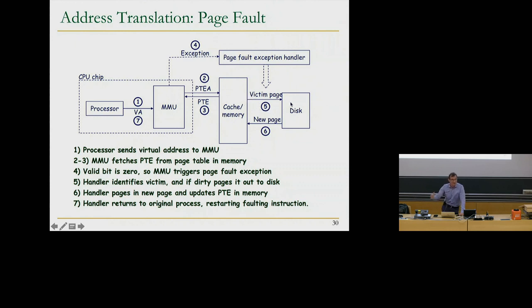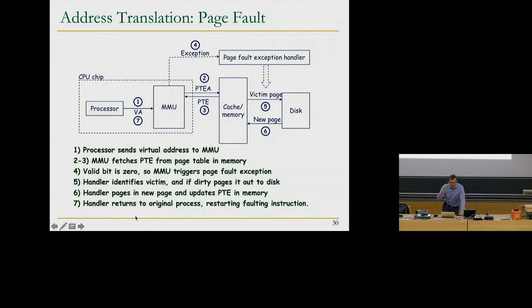You need to write that page to the disk, first of all, and also bring the new page that you're trying to access from the disk into the physical memory. So the handler pages in; this is called paging in the new page. And you need to update the page table entry clearly, because now you're bringing a new page into the physical memory, and you update the page table entry to be valid, and you store the physical page number.